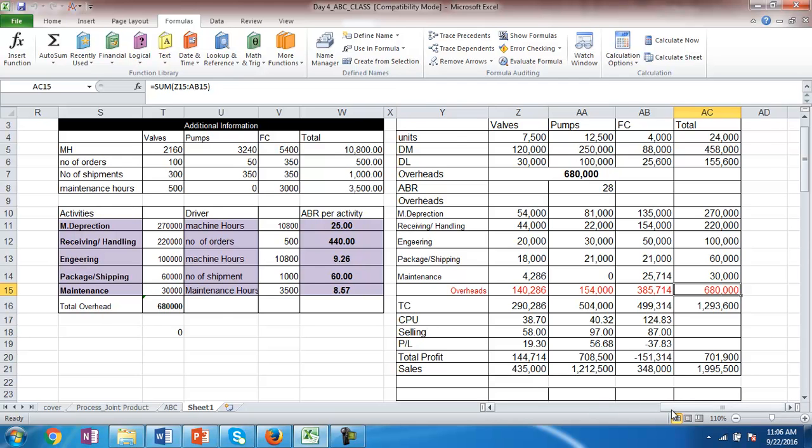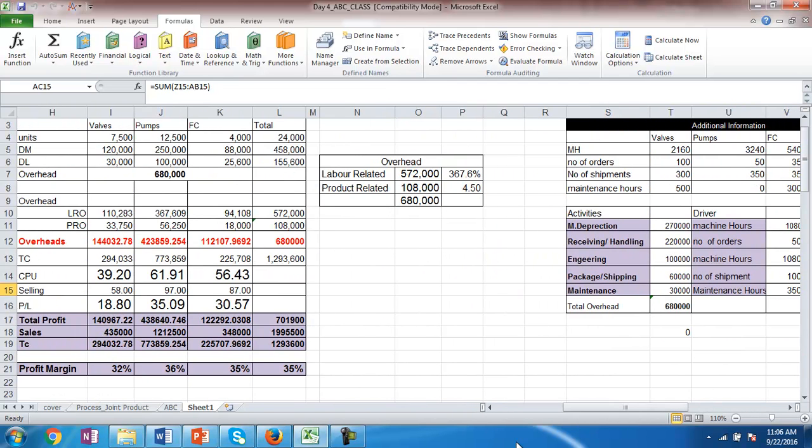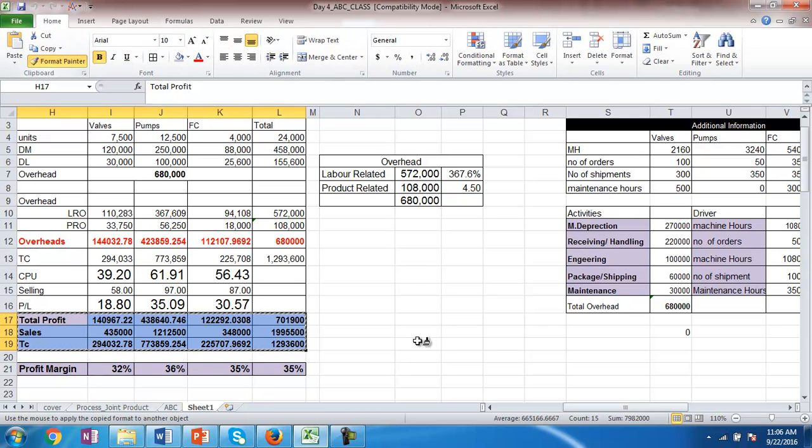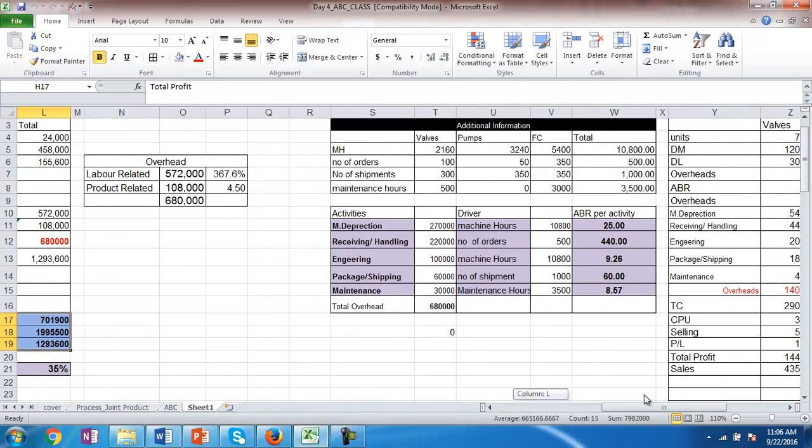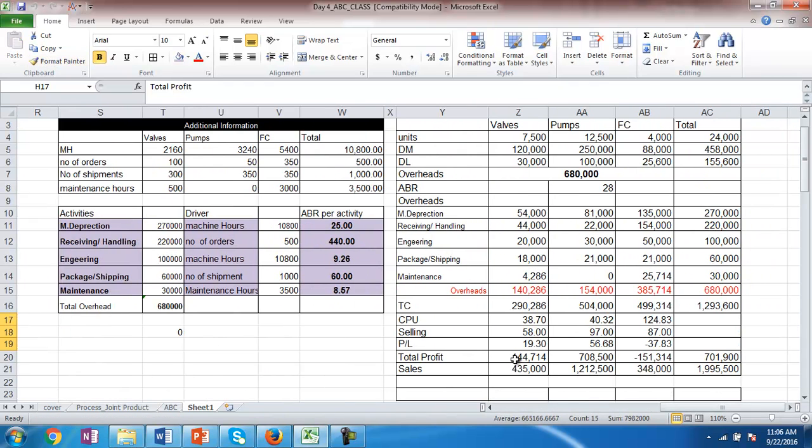And what do we observe here? That we see the total profit, total sales and total cost. The profit that we made here is 1,44,000 for valves, 708,000 for pumps, and there is a loss for the flow controller.